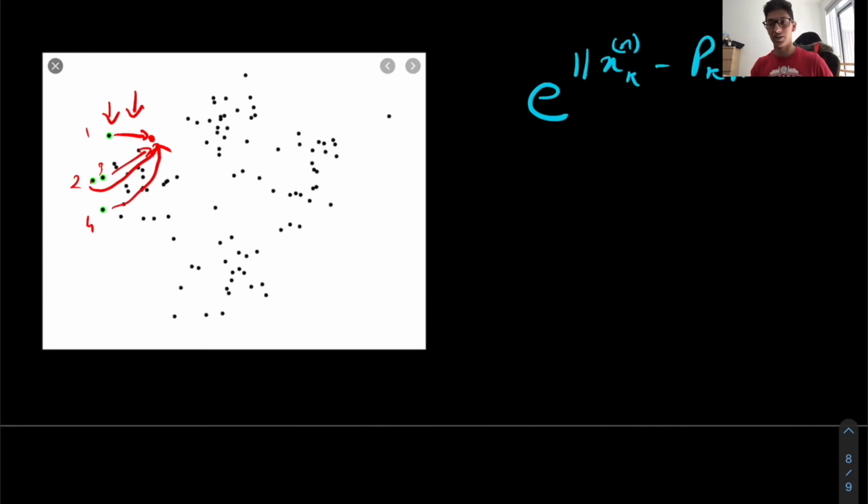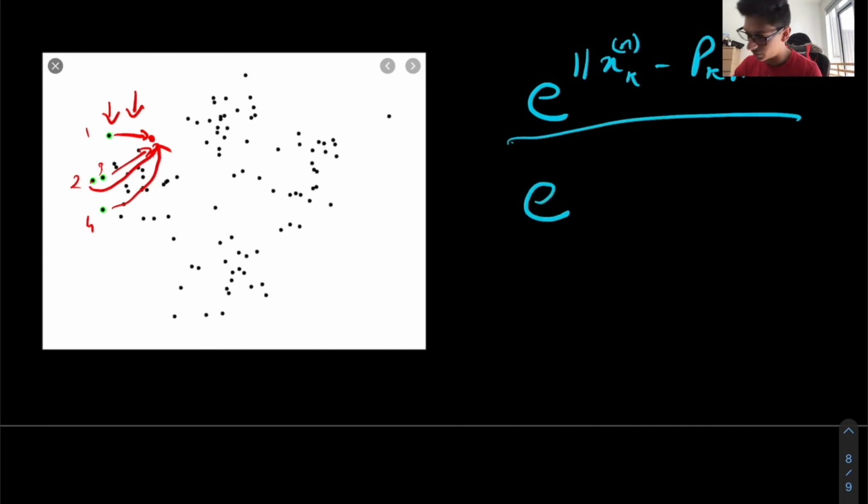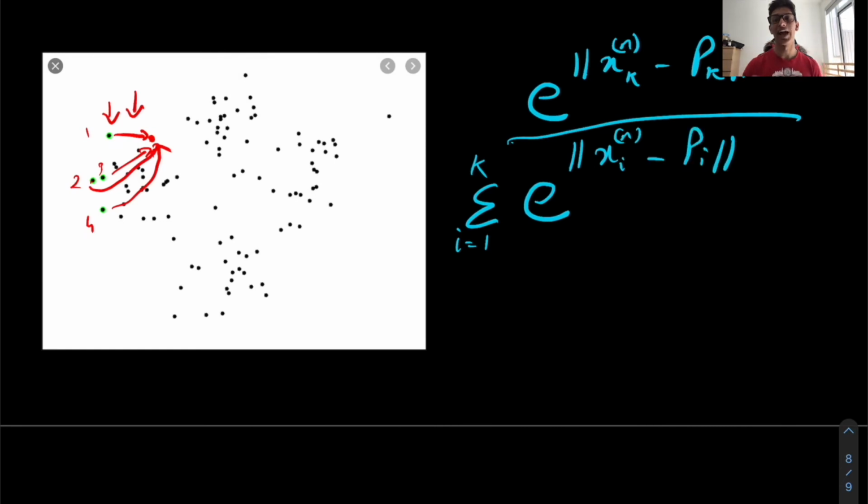That's just the distance of the data point from its specific center, the center we are considering right now, divided by the sum from i equal to 1 all the way up to k. Now over here, notice that it's x sub i minus p sub i, because here we're looking at the distance of that point from each and every one of the other centers.